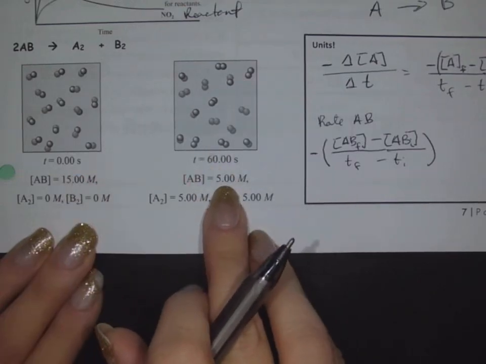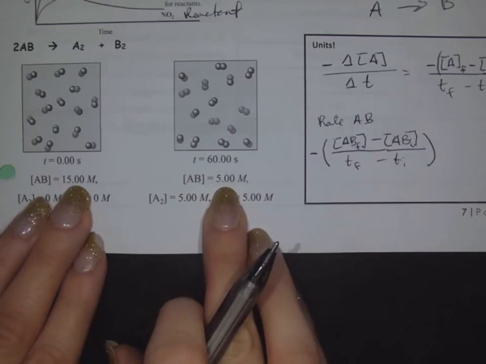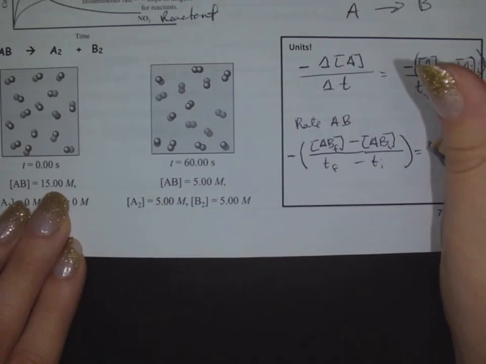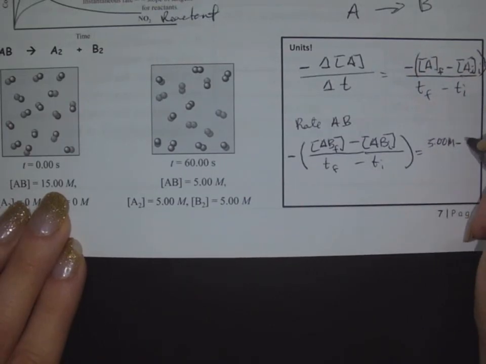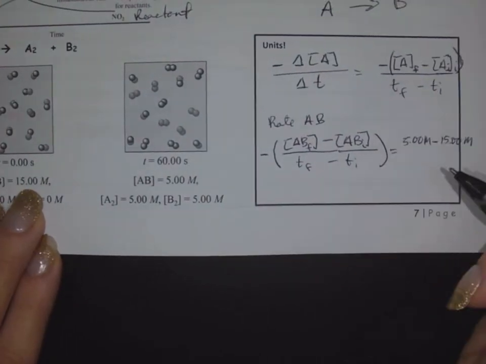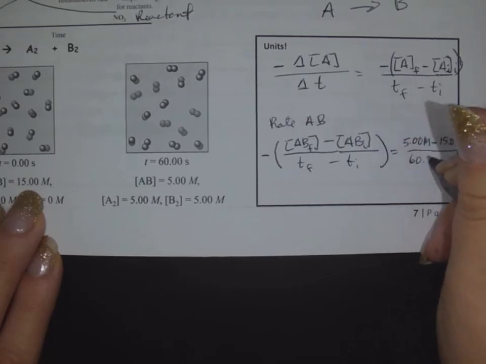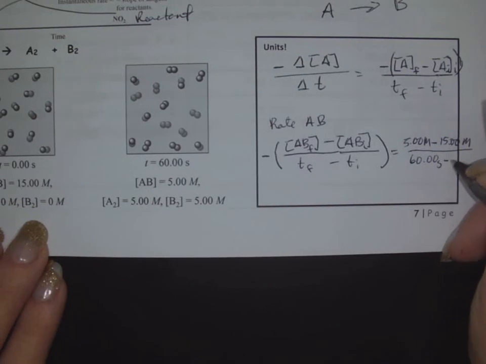The final concentration was 5 and the initial concentration was 15. So final concentration 5 molarity minus the initial 15 molarity, divided by time final, which was 60 seconds, minus time initial, which was 0 seconds.